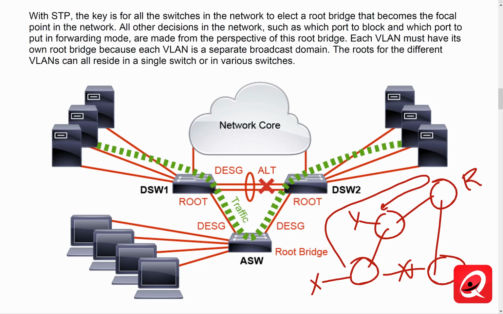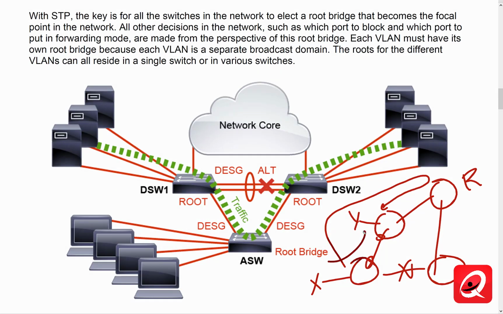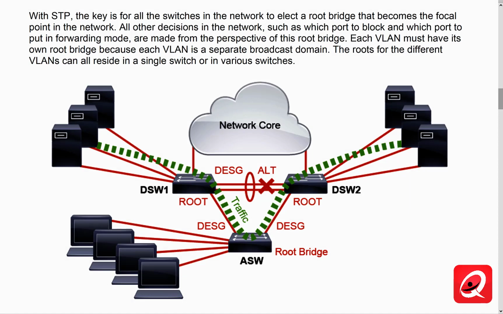Once the process of convergence has taken place, the switches learn their forwarding and flooding techniques like they normally would. They'll learn that the MAC address is here or here, and that traffic can pass between those two devices directly without having to go through the root. So the root election in any spanning tree topology is primarily just to identify the anchor point in the network that we're basing all of the other election parameters on, right?